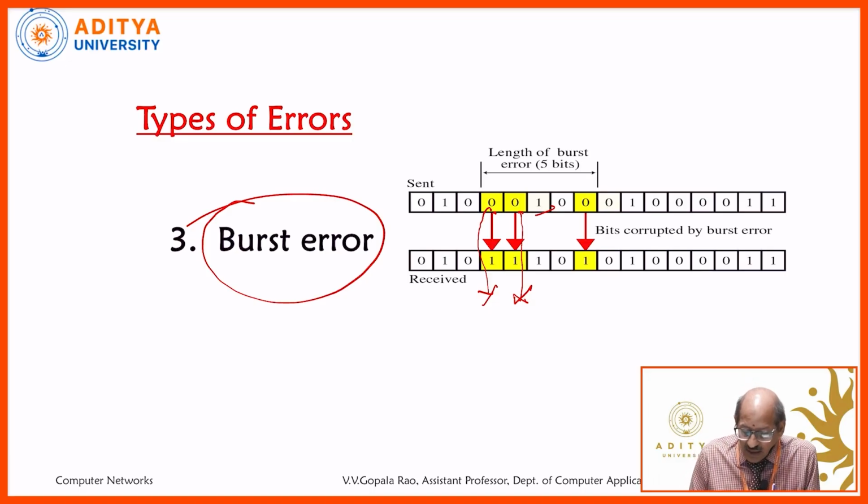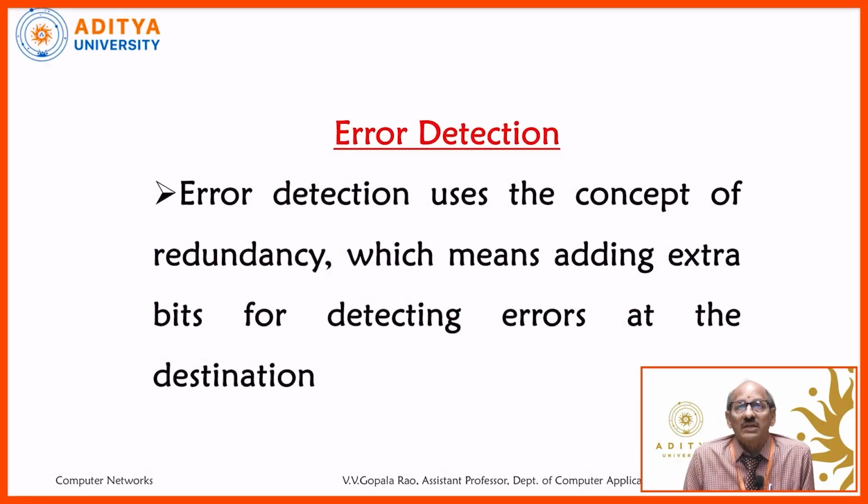But the important thing you have to consider is that an error should not be left as it is. Error should be identified first of all, and corrected if possible. If you leave it as it is, then the meaning of the message will be damaged.